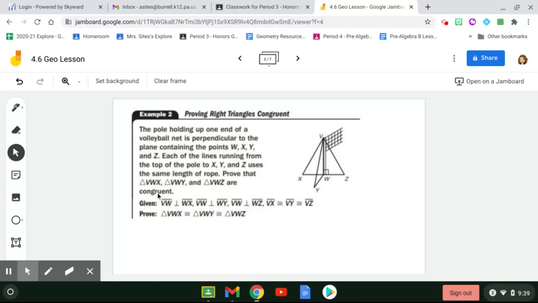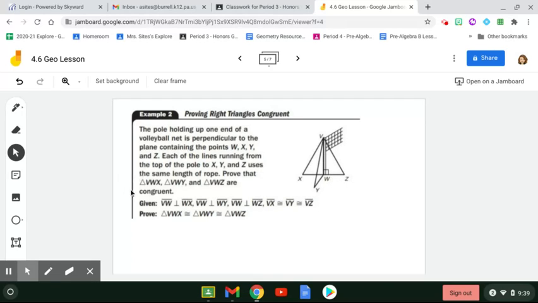Each of the lines running from the top of the pole to X, Y, and Z uses equal lengths of rope. Prove triangle VWX and triangle VWY and triangle VWZ are congruent.